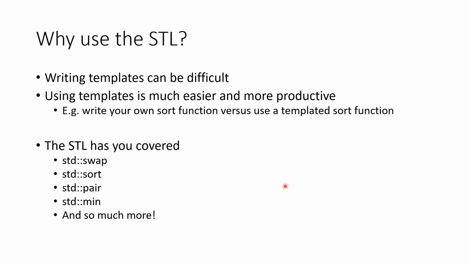Writing templates can be difficult, but we want you to use them. Using templates is much easier and much more productive. The STL has all of the basic templates that you would think of, like swap, sort, the pair, and the min that we just wrote in the previous part, and much, much more.